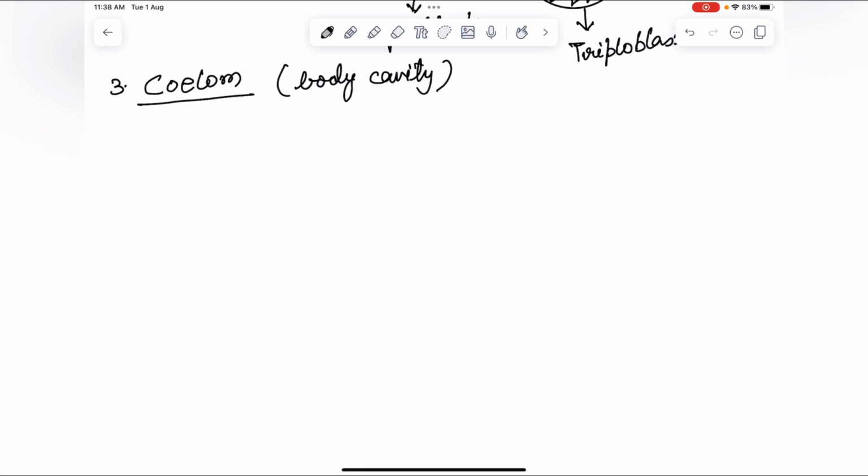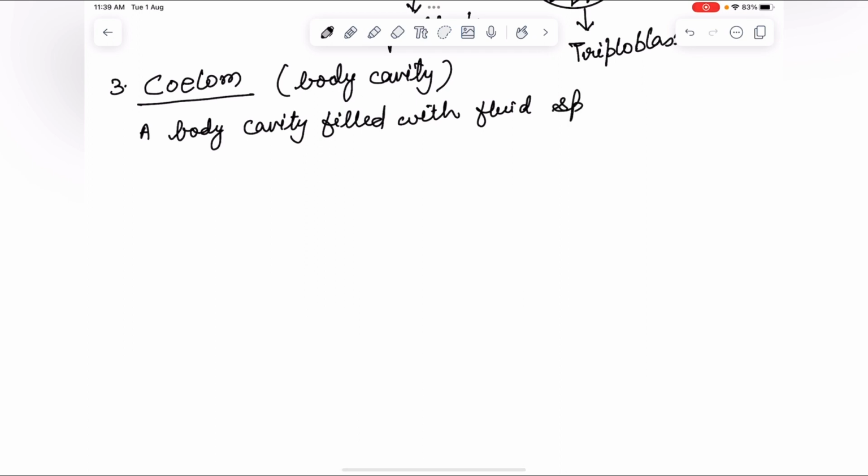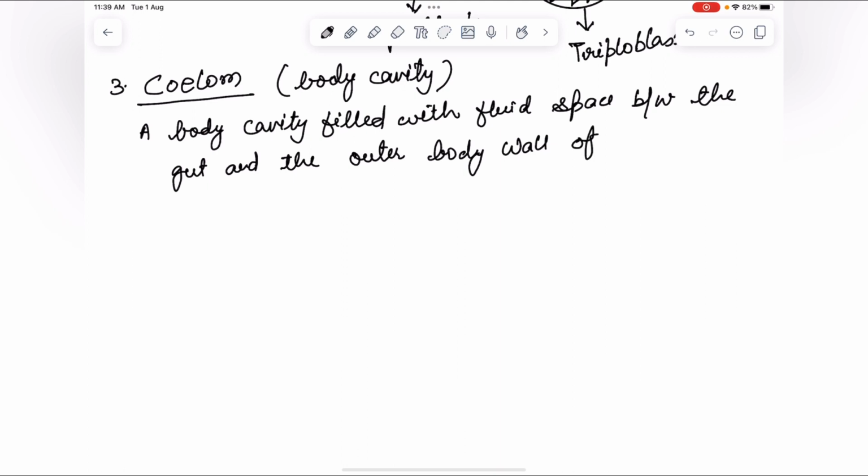A body cavity is a fluid-filled space between the gut and the outer body wall of an animal.